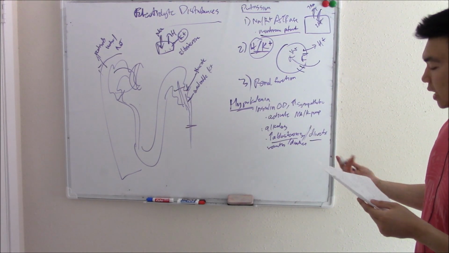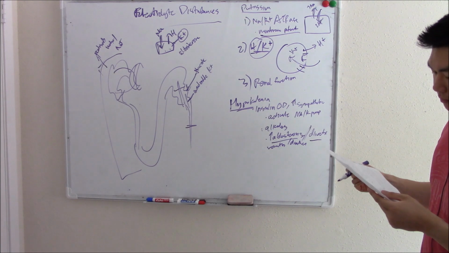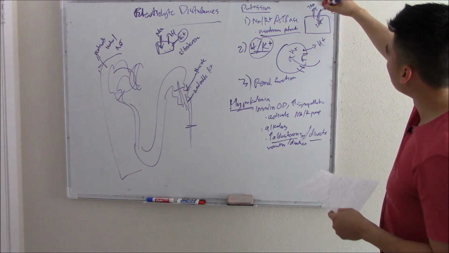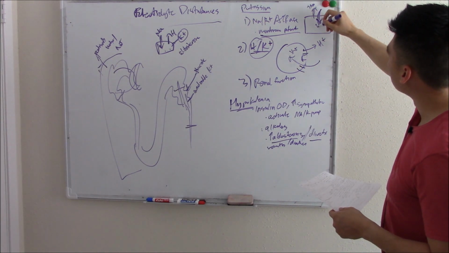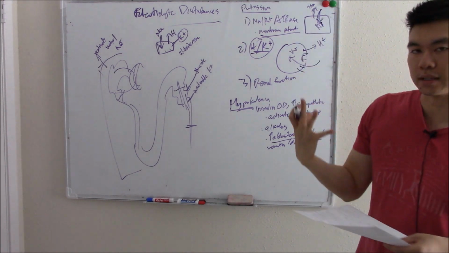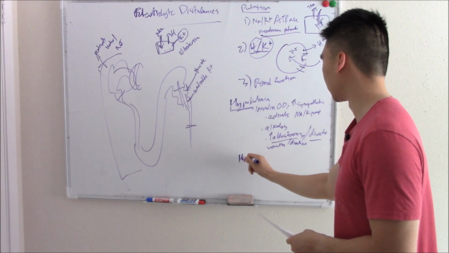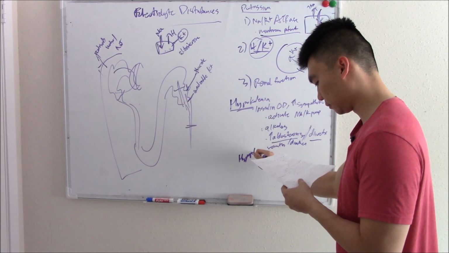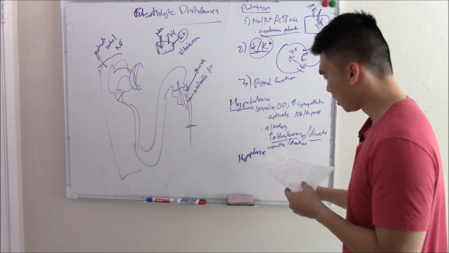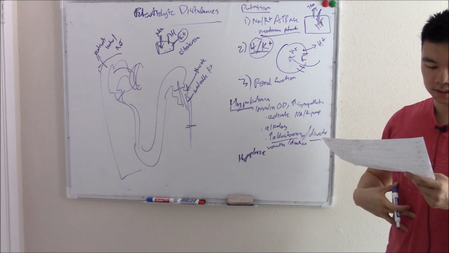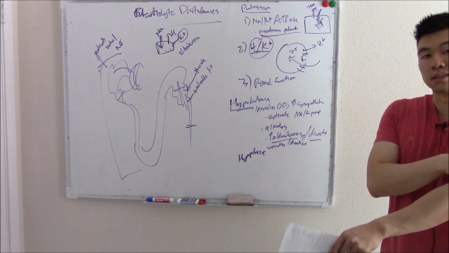Now, what happens when you get hypokalemia? Well, especially in this case, potassium comes in and it hyperpolarizes the cell. So it can hyperpolarize your smooth muscle, cause constipation, hyperpolarize your skeletal muscle, cause weakness.